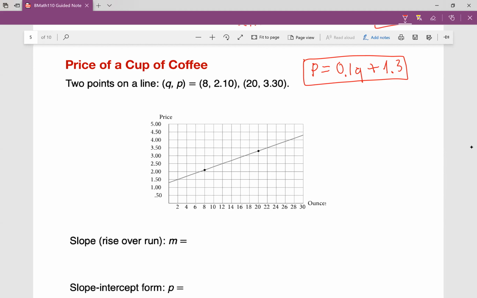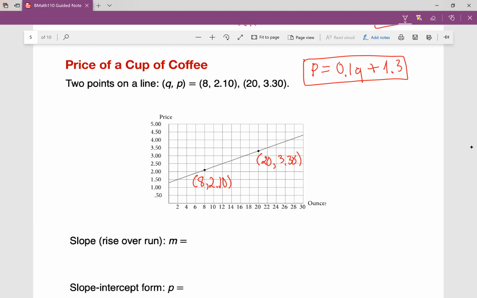So you see that they use a graph with two points. The first one is 8, 2.10. The second one is 20, 3.30. And the line goes through these 2 points.